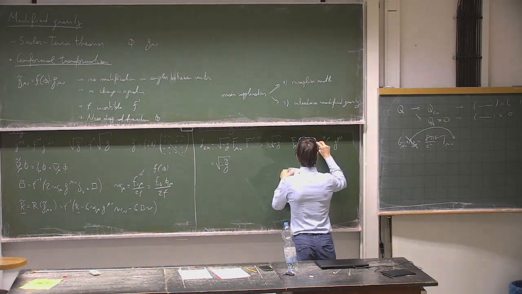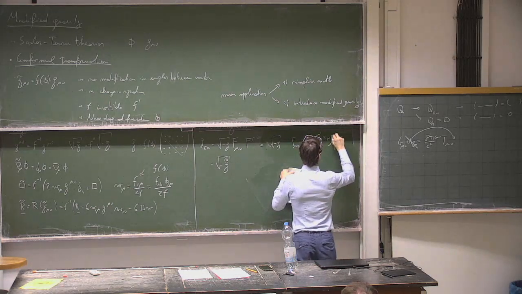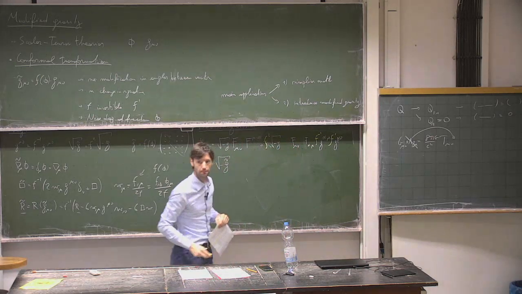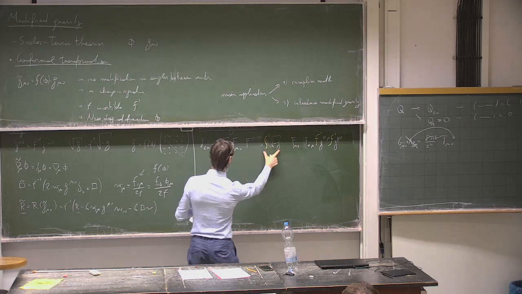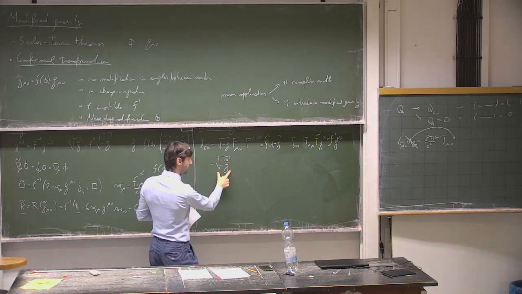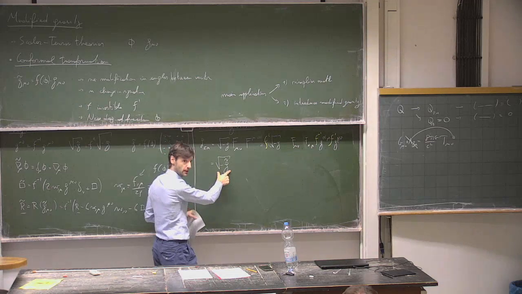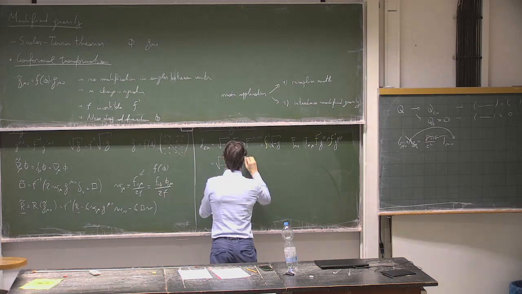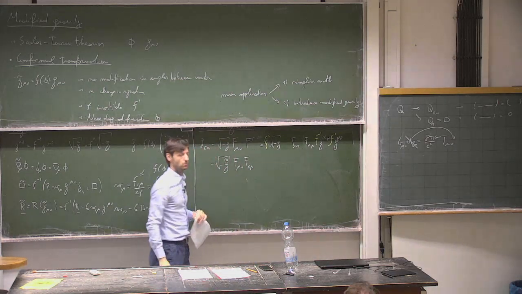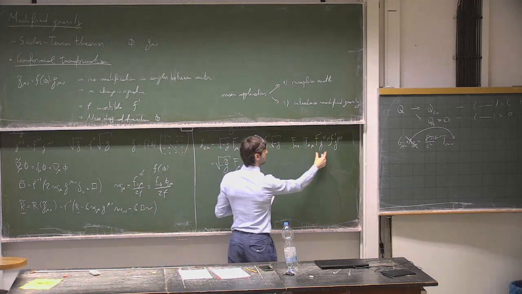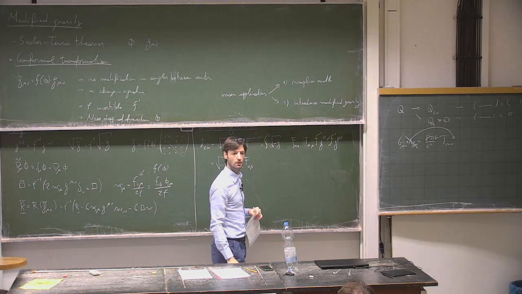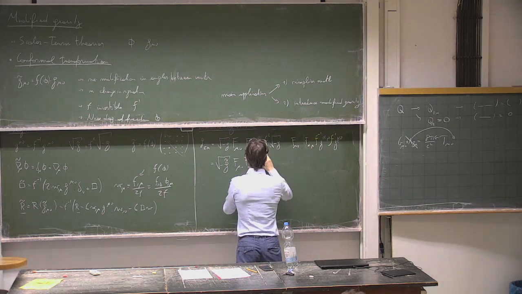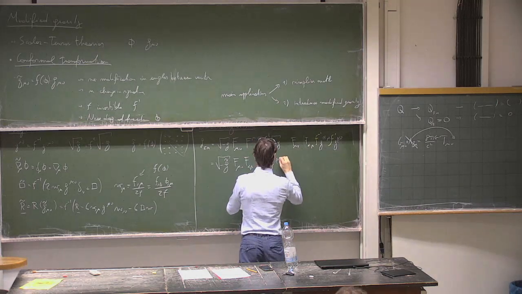I'm going to multiply f to the minus 1 here, f to the minus 1 here, and f to the power of 2 here. So you see, this is the conformally transformed square root of the trace of the metric. Then we have F mu nu and F alpha beta, which are not affected, whereas these are going to be the conformally transformed metric components. So we are going to have g alpha mu and g beta nu.